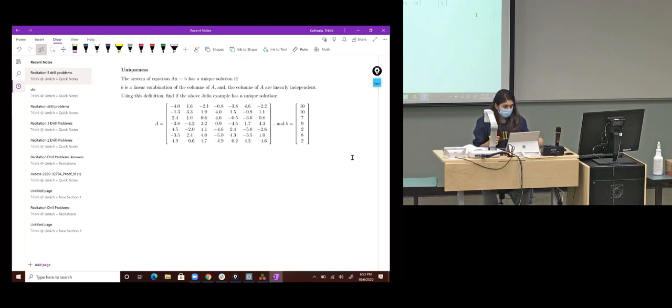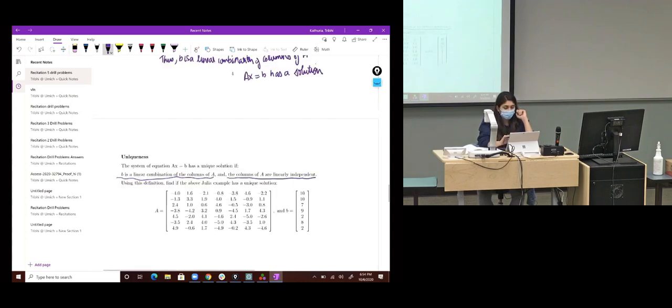So to get the uniqueness, we have an extra condition. So we say that B, for the existence, this is the condition for existence, and I say B is a linear combination of A. So the solution exists. But for it to be unique, I have to say that the columns of A are linearly independent. Now we know how to do that.